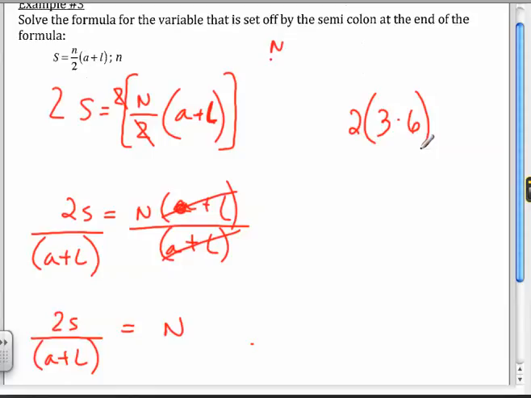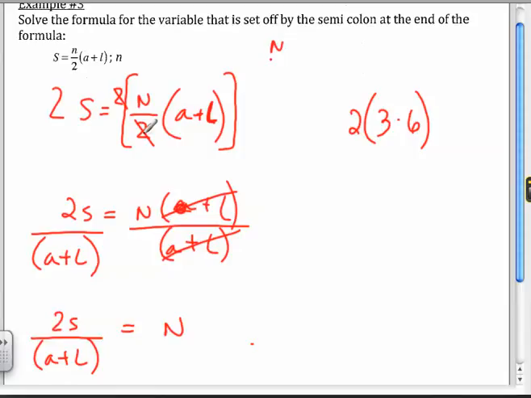How many terms are inside these parentheses? Not how many numbers, how many terms? One term, because they're not separated by plus and minus, right? So I can't distribute it because there's only one term in there. Same thing here. Even though there's a plus and minus, you see it's just this times that. So I don't distribute it to n over 2 and a plus L. Those two things are being multiplied.